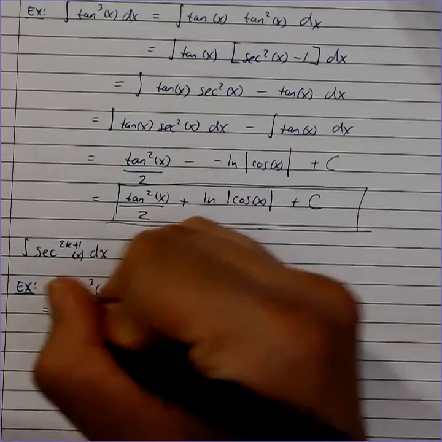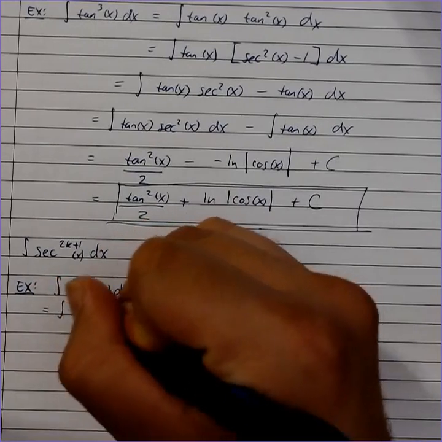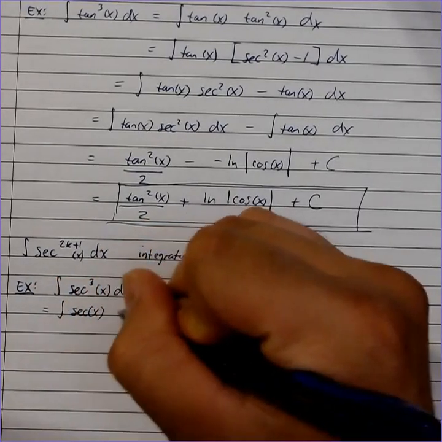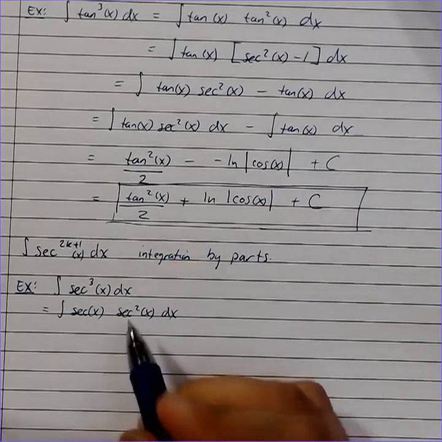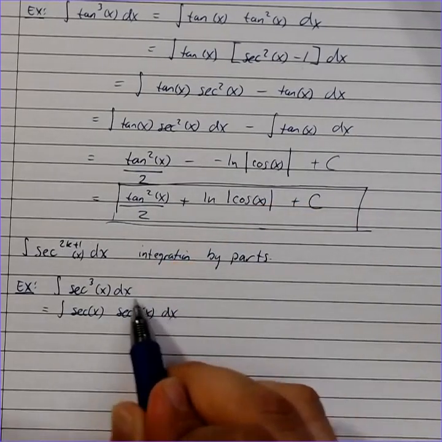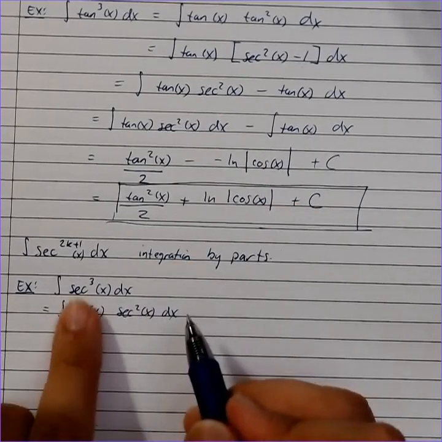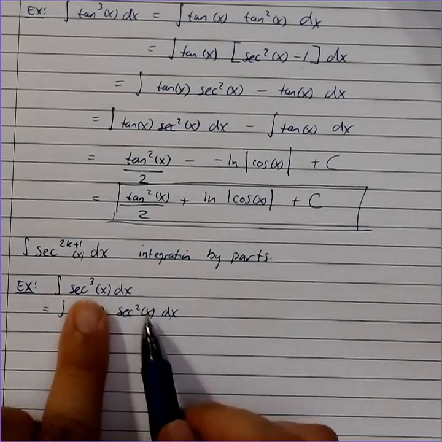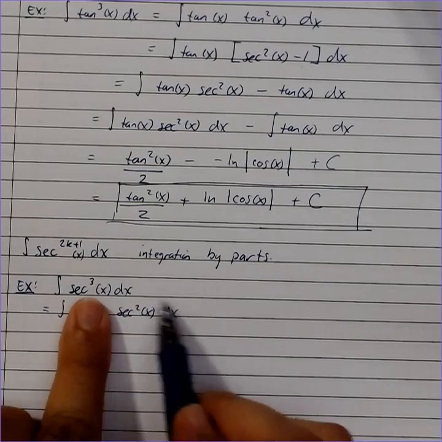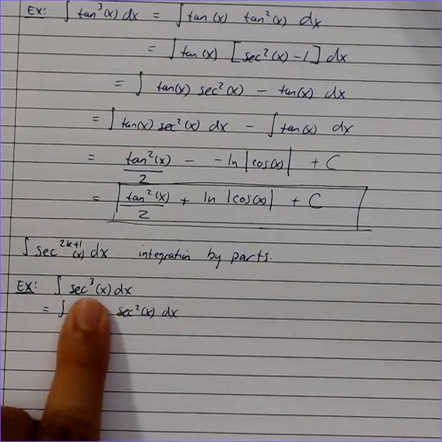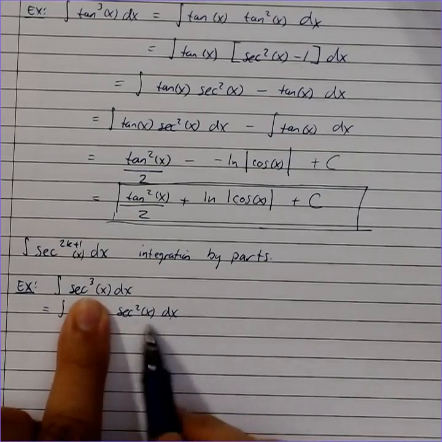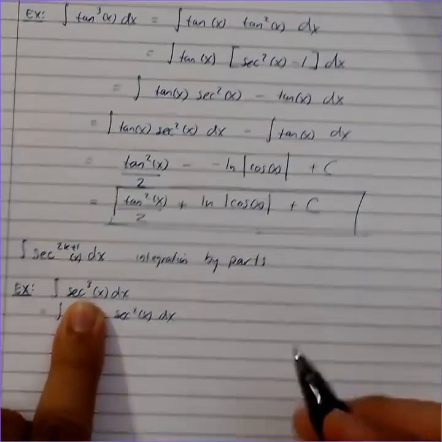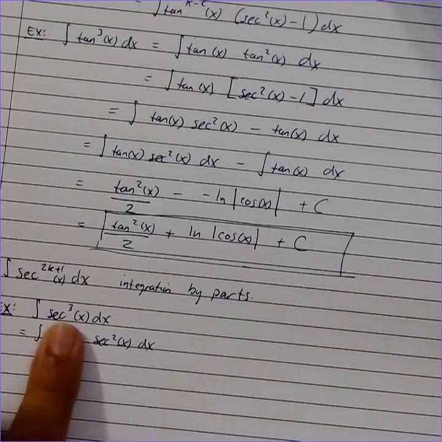So I'm going to write it this way: secant of x, secant squared of x dx. Notice that this right here I could integrate on its own. If it was just secant squared of x dx, the integral of that is just the tangent of x. So I know how to integrate this. If that's something I know how to integrate, that should probably be my dv.